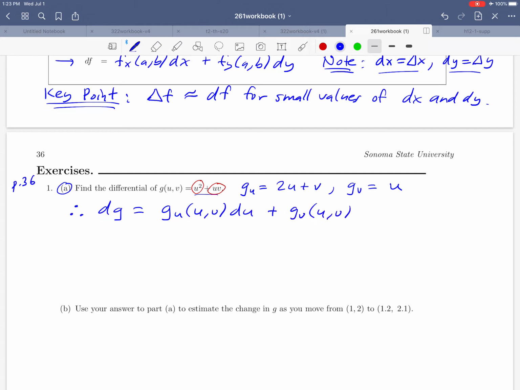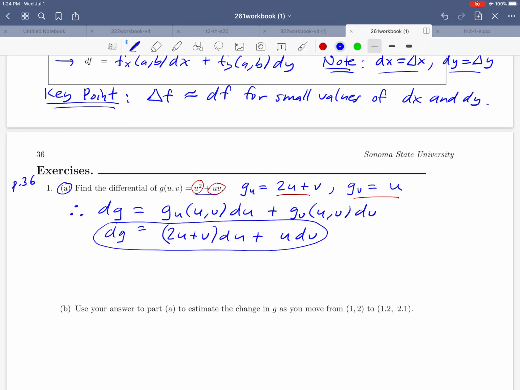They're sitting here and here. And so we're going to get (2u + v) du plus u dv. And there's our formula for dg. Again, what this represents is just the approximate change that we're going to get in g if we change our input values a little bit.